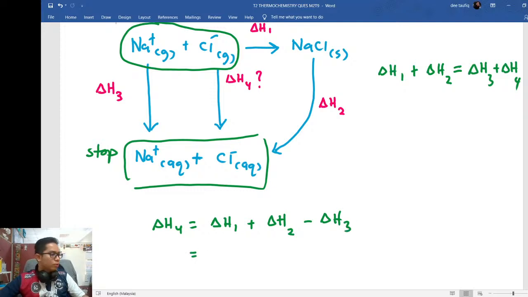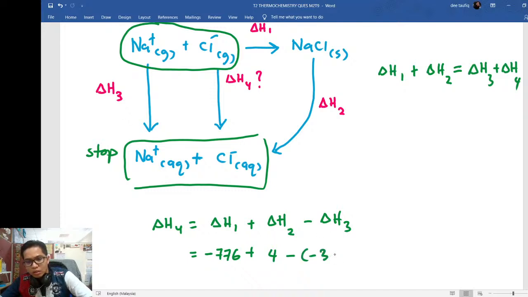So refer back to tutorial mana? Okay, tutorial Thermochemistry nombor 16. Right. So delta H1 is our lattice. So dia jadi negative 776 plus this is solution 4 minus delta H3 is hydration Na given negative sign, so negative 390.